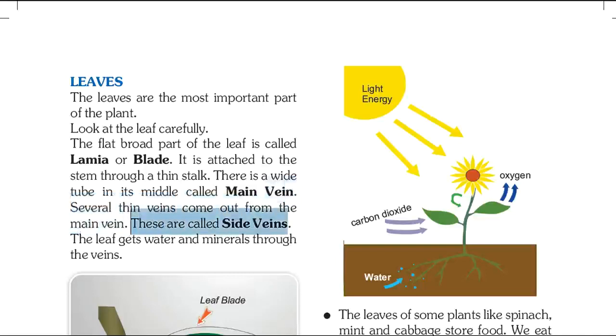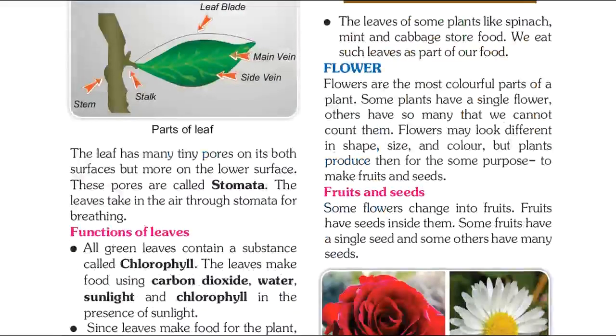These are called side veins. The leaf gets water and minerals through the veins. The leaf has many teeny pores on both its surfaces, but more on the lower surface. These pores are called stomata. The leaves take in air through stomata for breathing.